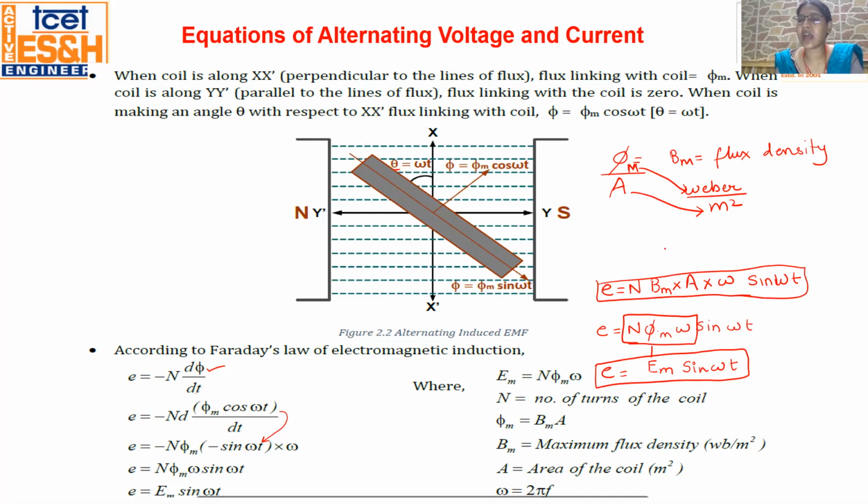Omega is the angular speed, which is represented by 2 pi f. F is the frequency. And theta is the angle between the x-axis and the coil movement. So this is the angle, and it is also equal to omega t.